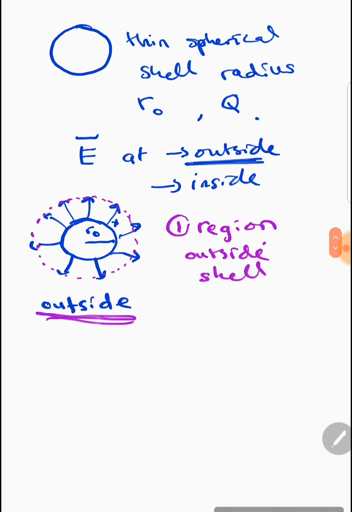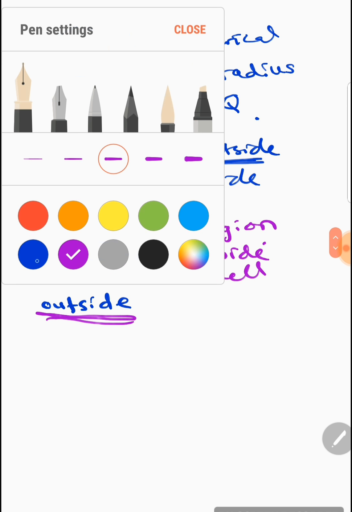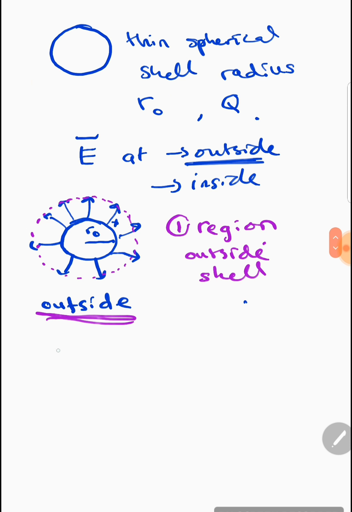Now we look back at the formula. The formula gives us E dot n cap dS, and n cap dS is also the normal component. So E dot n cap dS here is basically represented by each of these arrows.